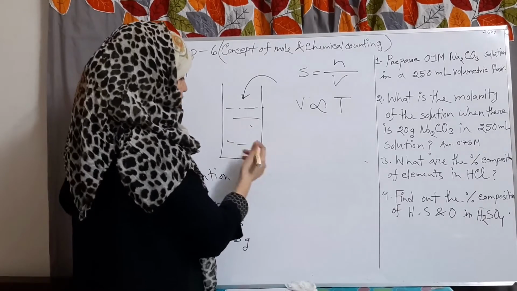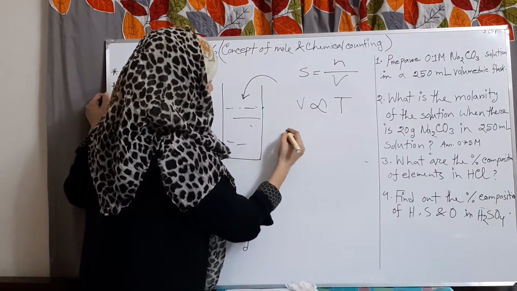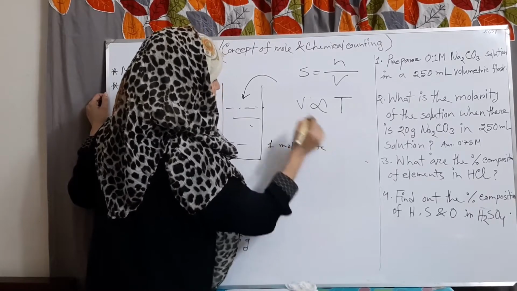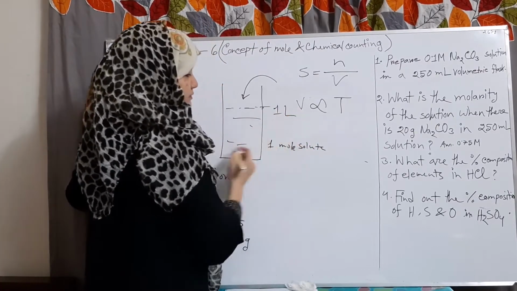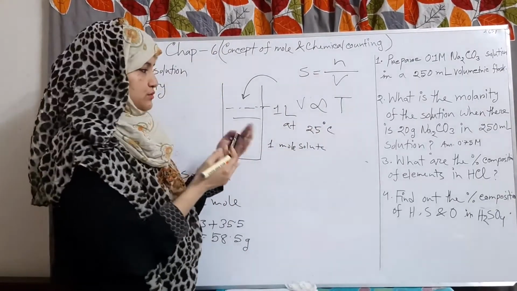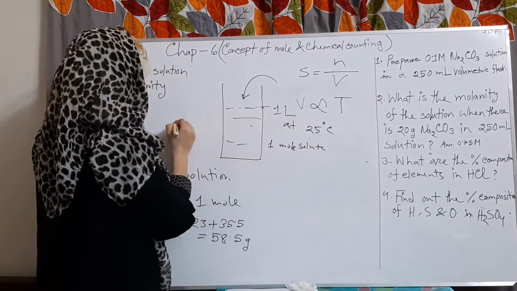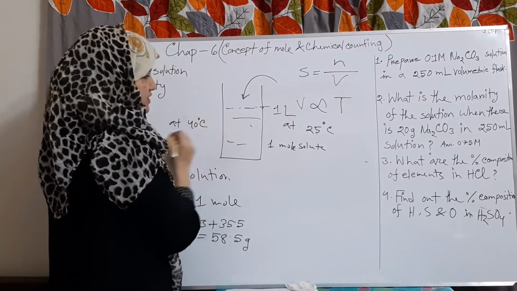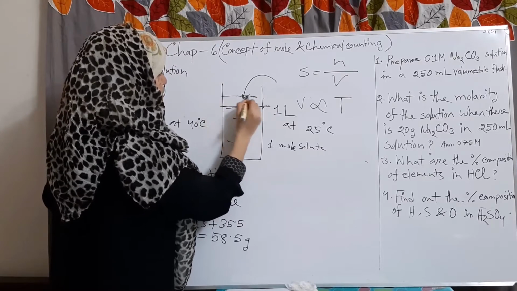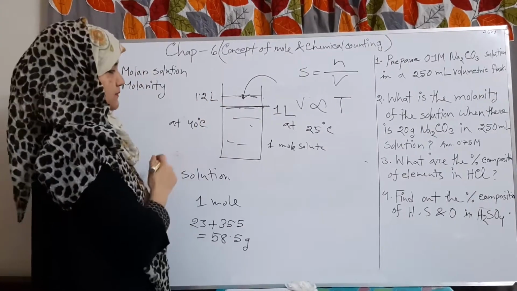Suppose a molar solution is prepared with 1 mole solute in 1 liter at 25 degrees Celsius temperature. Now we increase the temperature. If we take it at 40 degrees Celsius, then the volume will increase, and suppose it is 1.2 liter.